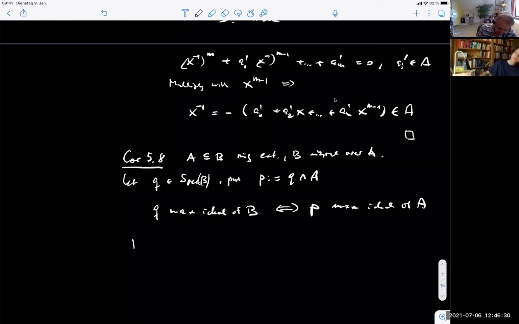The proof is very short and elegant. So I go to factor rings. I look at A mod P. I can view this as a subring of B mod Q. So basically, I have the canonical map from B to B mod Q, restrict to A. It will be injective and the kernel is P. So I have this, and this is an integral ring extension.